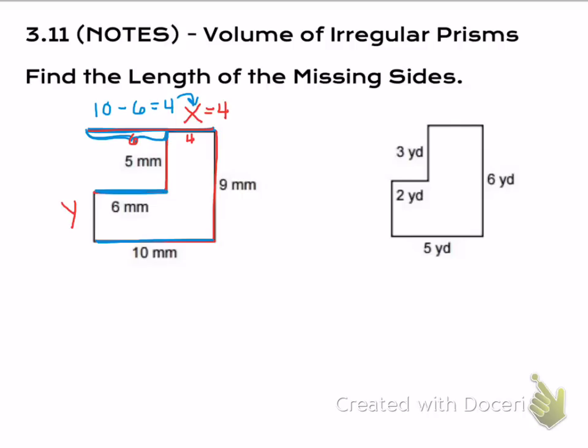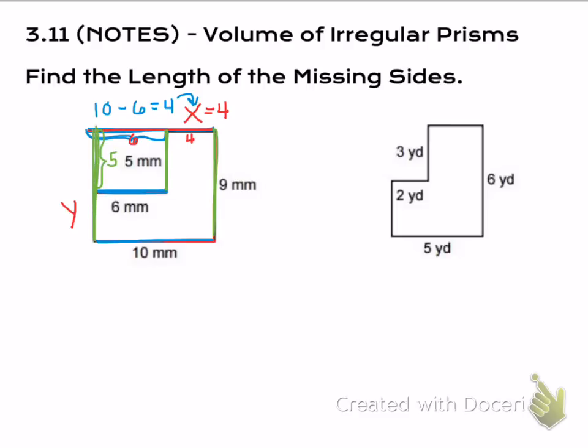We're going to do the same thing for the other side. We're going to look at Y, but what we need to know is that all the way across for Y is 9. So this whole piece is 9. And the other piece that I know is this 5 millimeters right here. So I know that this is 5 millimeters, which means the entire piece has to be 9.